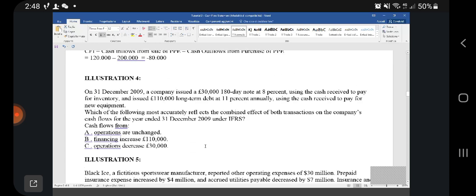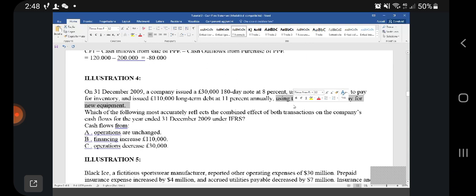Again, a very short example. On 31st of December, a company issued a £30,000 180-day note at 8% and used the cash received to pay for inventory. It also issued 110 long-term debt at 11% annually, using the cash received to pay for new equipment.